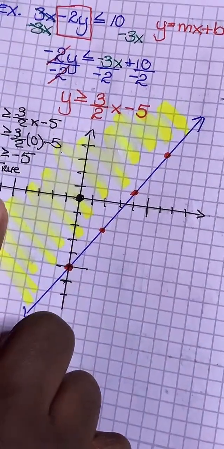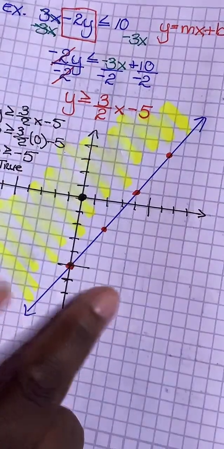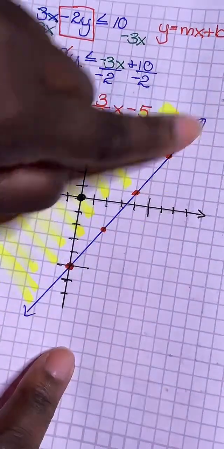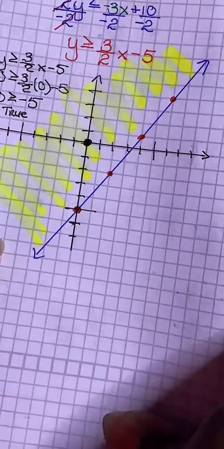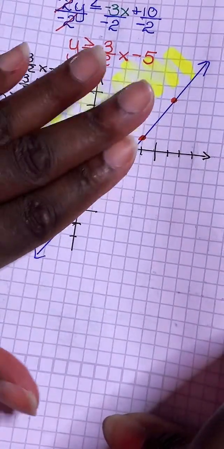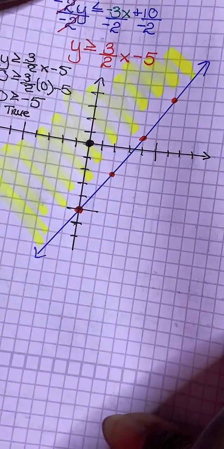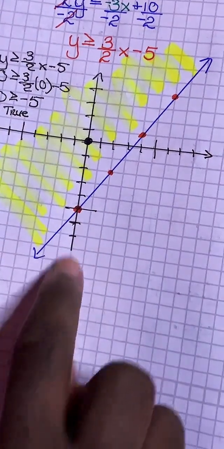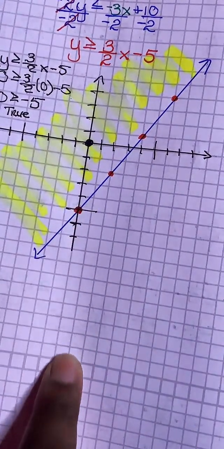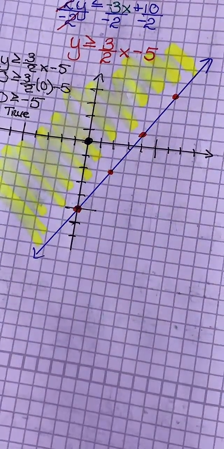By testing it, you're asking yourself, what side of this line, not the axes, this line, you're going to shade. So if I look at it, this is when my X values are going up to positive infinity, so this is going to be the above. This side has my Y values going down to negative infinity, so this is why this is below.